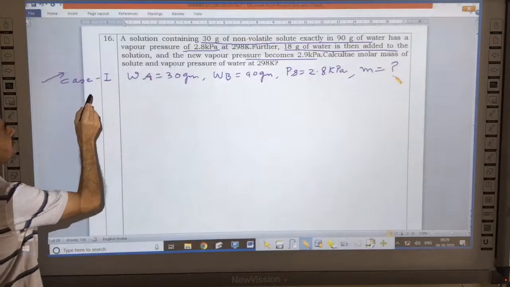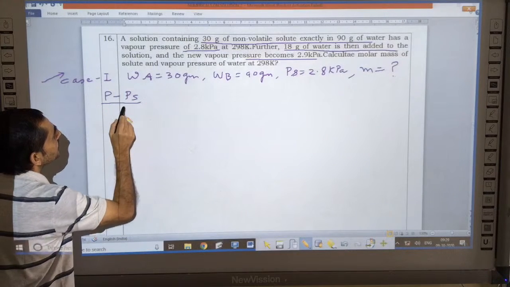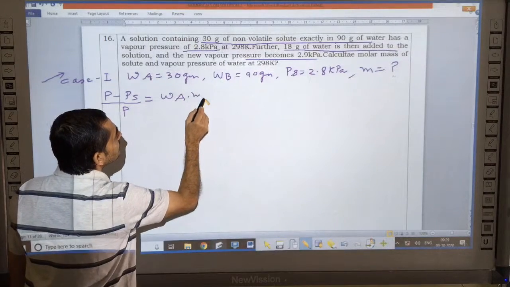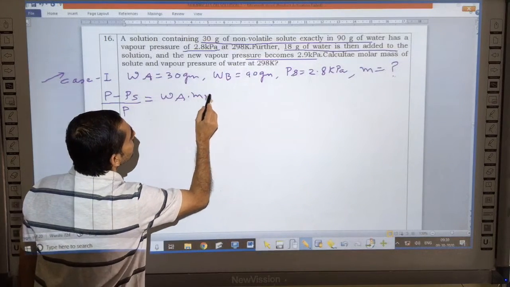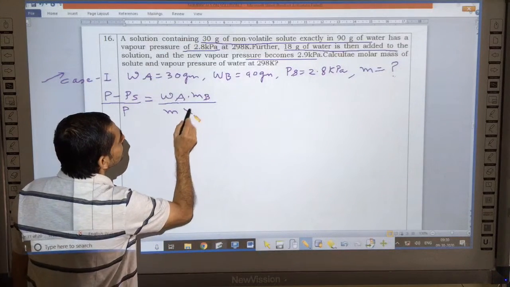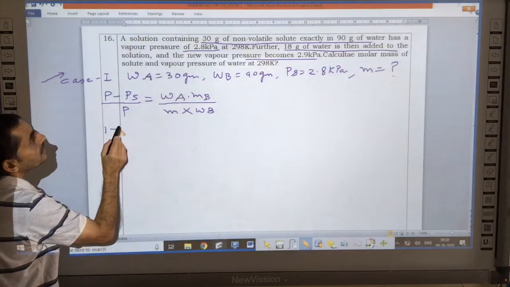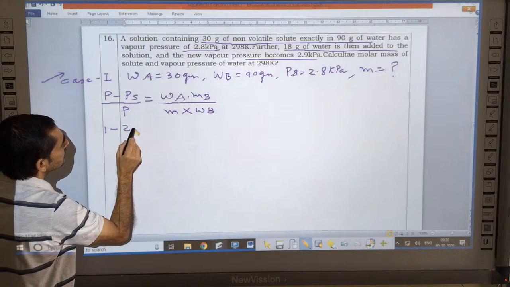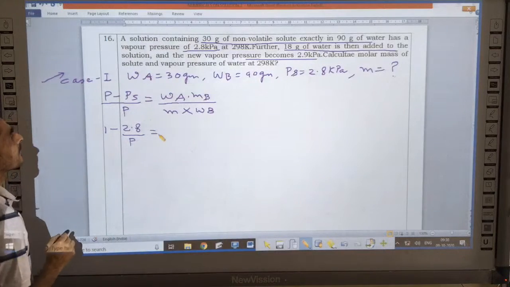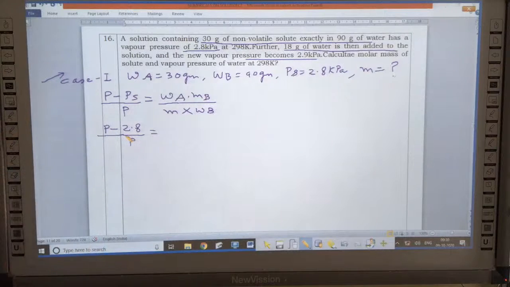You apply the formula P minus PS upon P is equal to WA into MA upon molar mass of solute. Let it be M, multiplied by WB. 1 minus vapor pressure, 2.8 upon P is equal to, first you write P minus this upon this.